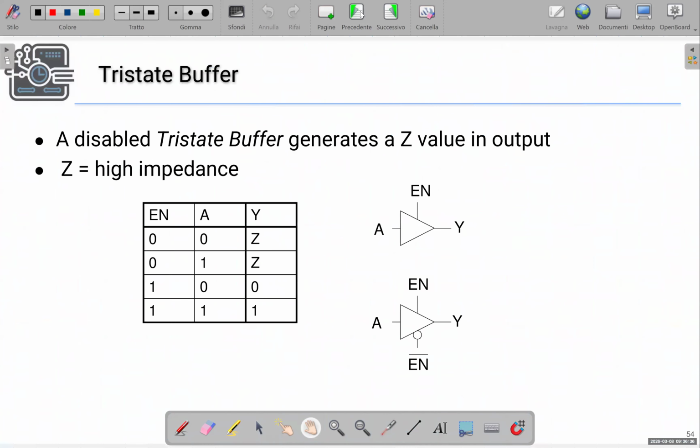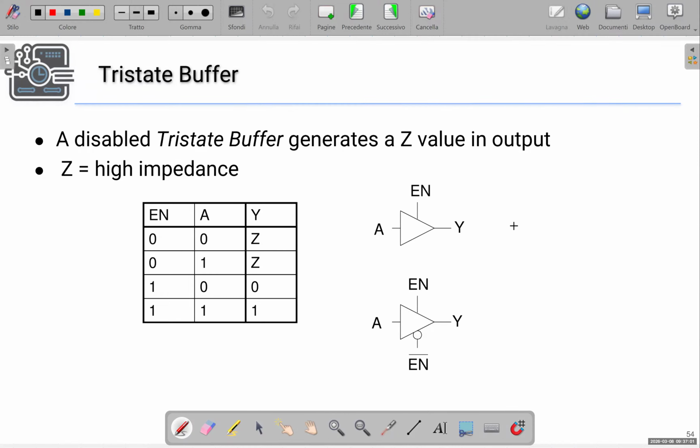Okay, so this specific case highlighted here is a three-state buffer. That means that the logical function which is implemented is y equal to a, that is the output logic level is equal to the input logic level.